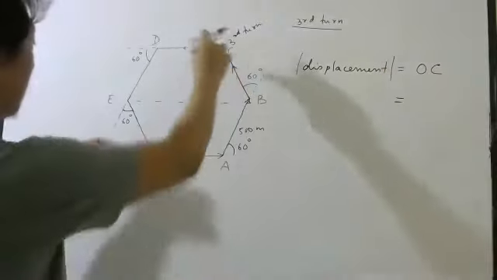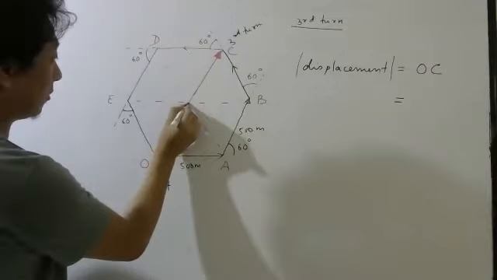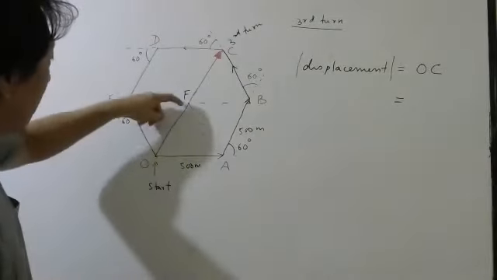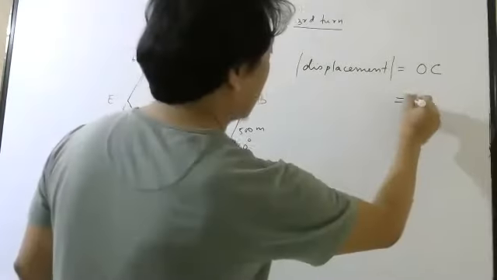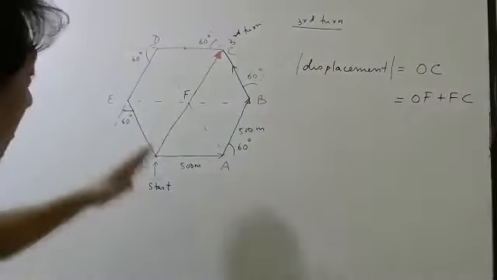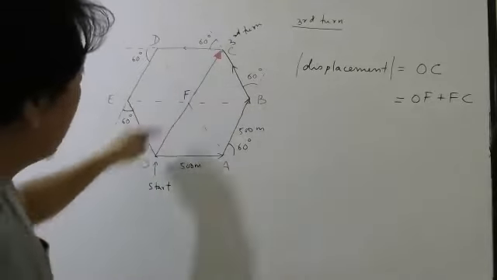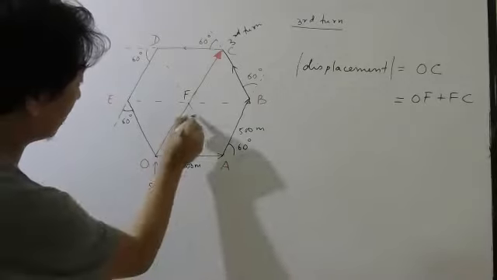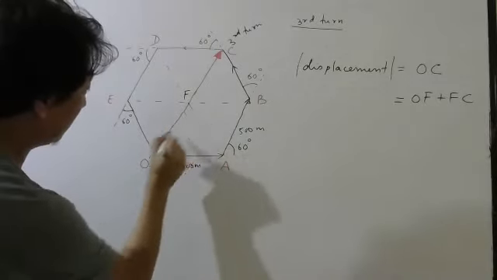Now what will be OC? If I call this point F, then OC will be OF plus FC. Yes or no, students? This is the shortest distance from initial to final. Now see, this is 60 degrees, this is 60, this is 60.